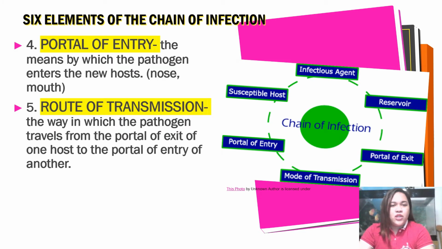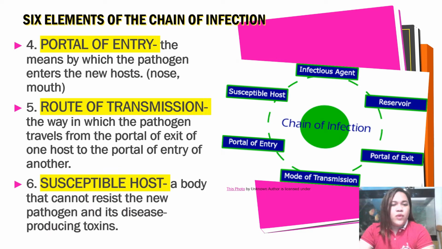Route of transmission is the manner in which the pathogen travels from the portal of exit going to another host, to the portal of entry. Later on we will discuss more about that. And lastly we have the susceptible host. A susceptible host is a body that cannot resist a pathogen. So this is a body that is very weak, that it can get easily sick.